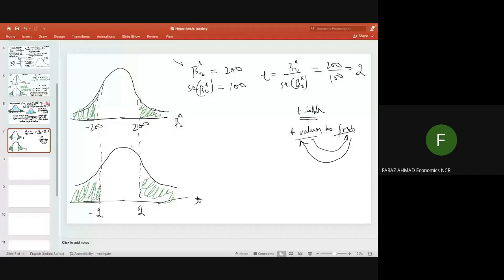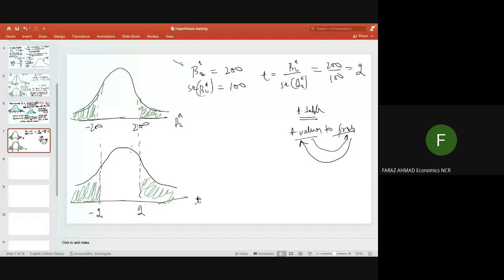So when it's a two-tailed test, there is a green area. 2 is a standardized value, and 200 was the raw value, right?